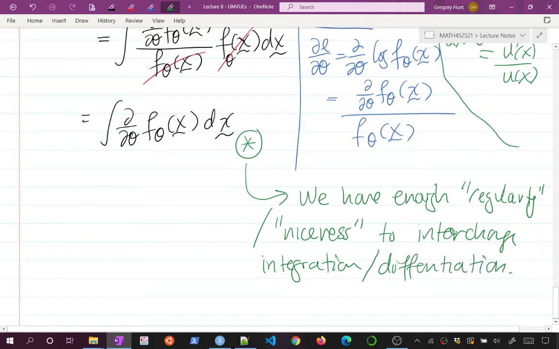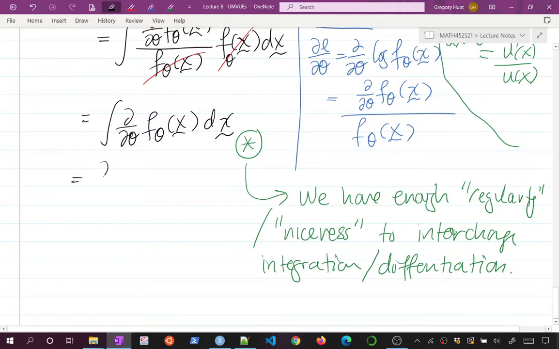You're not generally allowed to swap the order of an integration and a differentiation. If you have enough regularity, which is basically a way of saying the function we're integrating is nice enough, then I could do that.